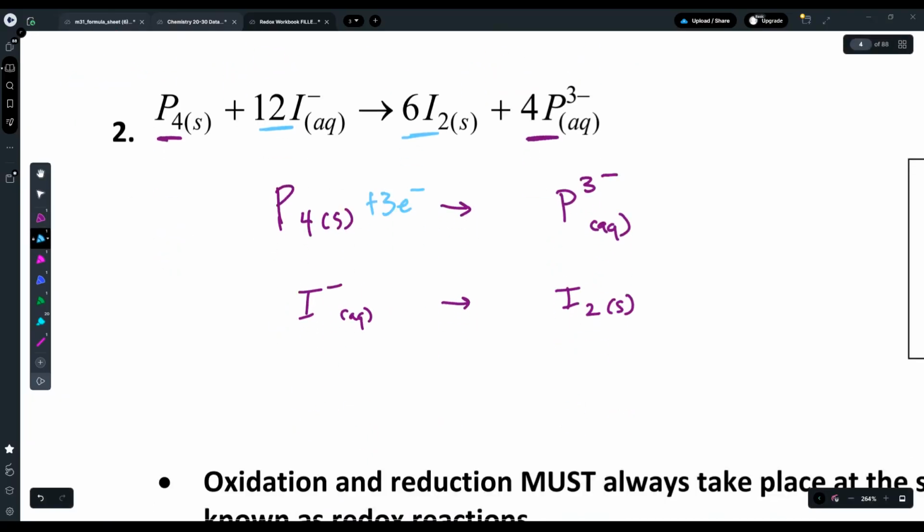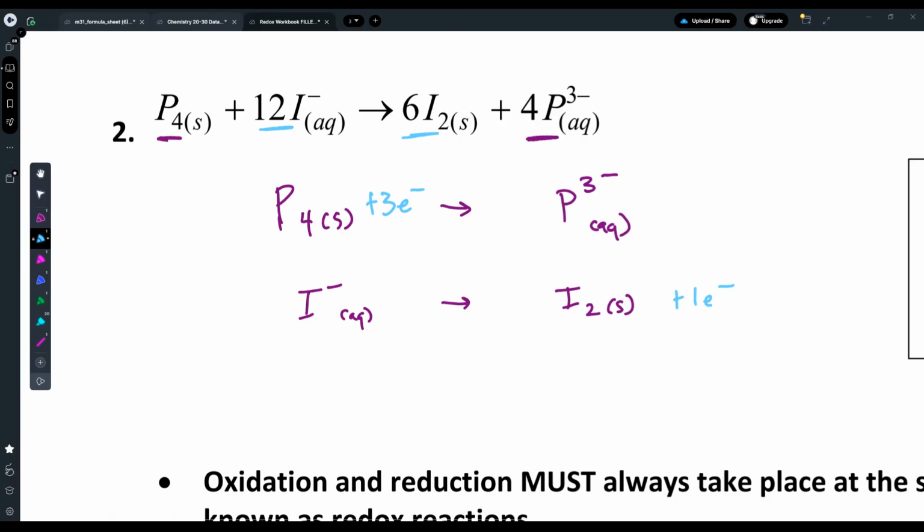Okay, so for our charges here, we have -1, and then here we have an element on our product side, so that charge is 0. So we're going to our more positive side, and we're adding electrons. Okay, so now both sides have a -1 charge.